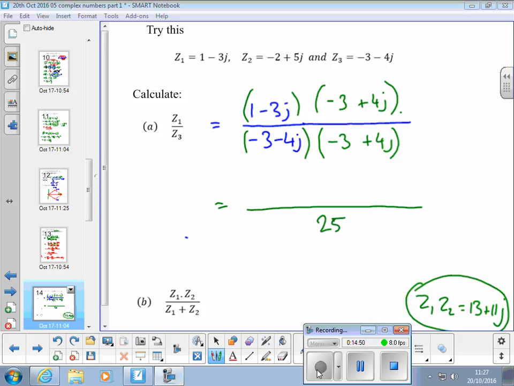And the top line, how do we do that, Kyle? Remember what the process is. Multiply out brackets. We multiply everything in one bracket with everything in the other bracket.